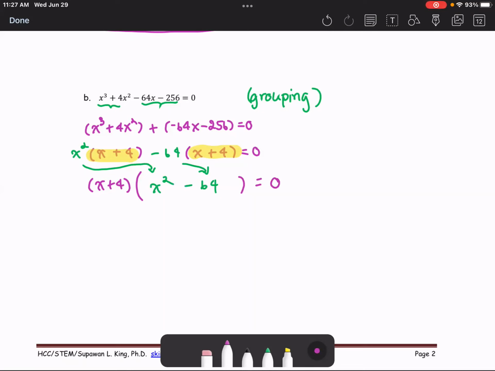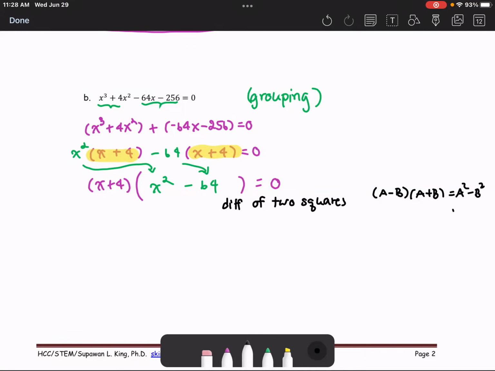As you see, x squared minus 64, this one is the difference of 2 squares. As one of the special products, a minus b times a plus b equals a squared minus b squared.